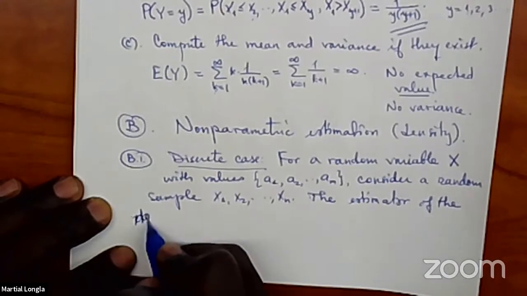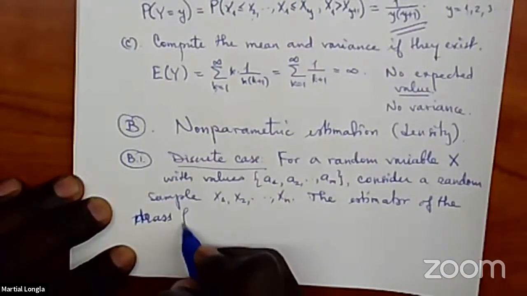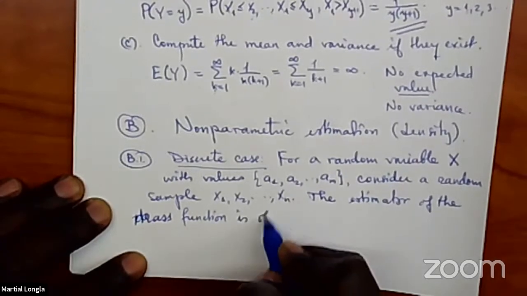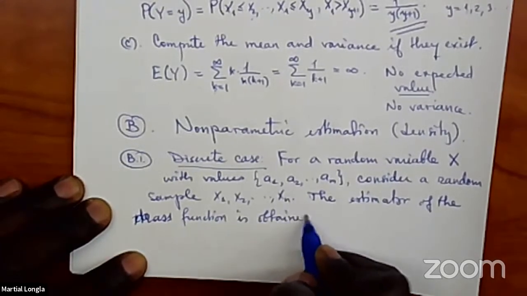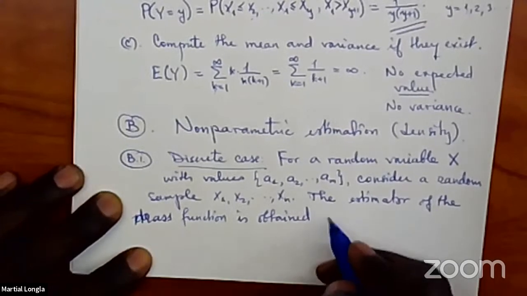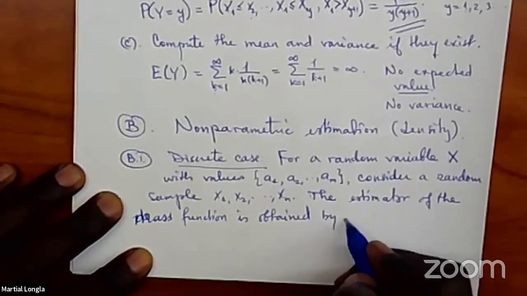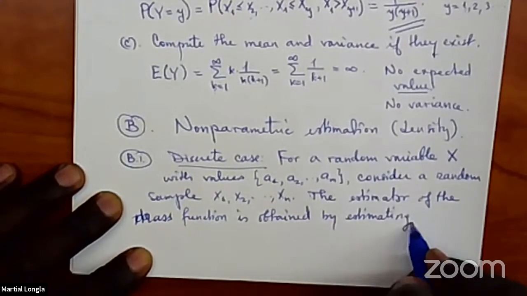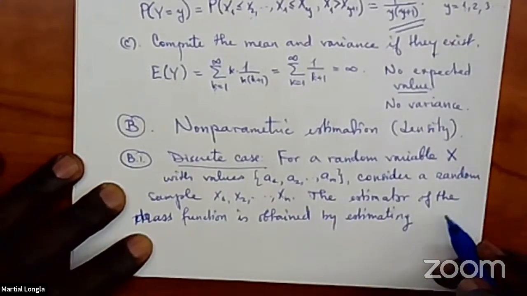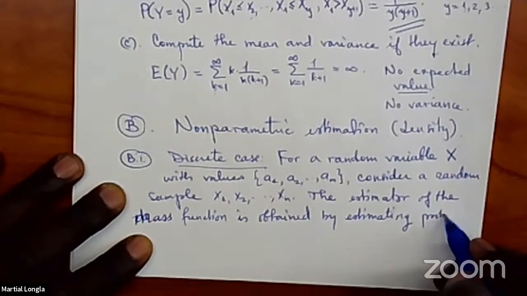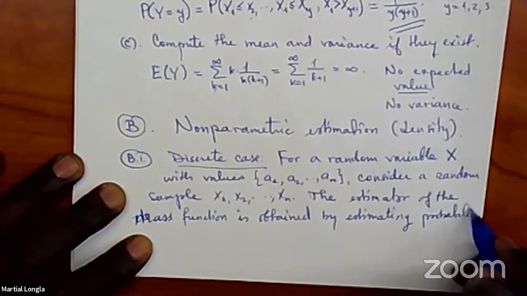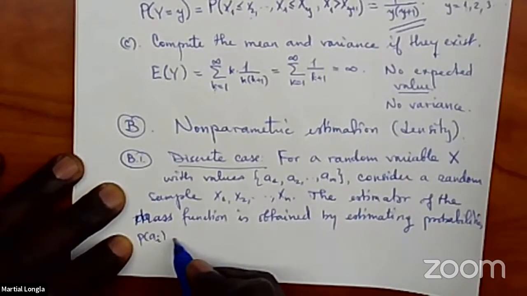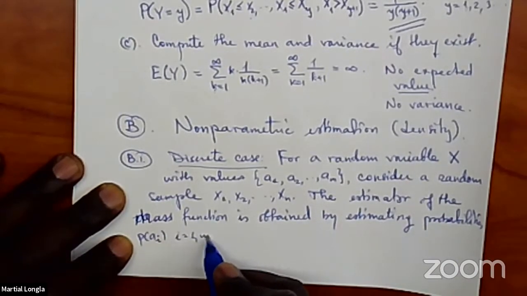The estimator of the mass function is obtained by estimating P of Ai, i equal 1 through m.